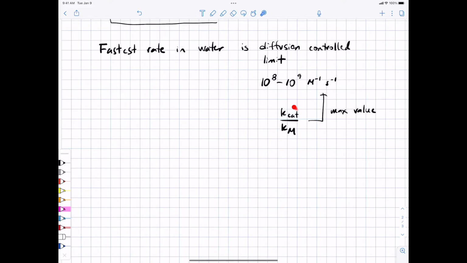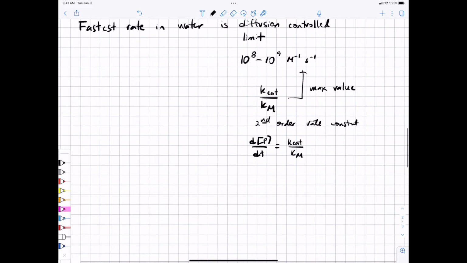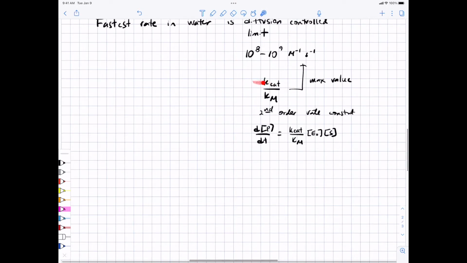Remember this is the second order rate constant, that gives us the velocity of the reaction under conditions where the substrate concentration matters, that is, where substrate concentration is low.